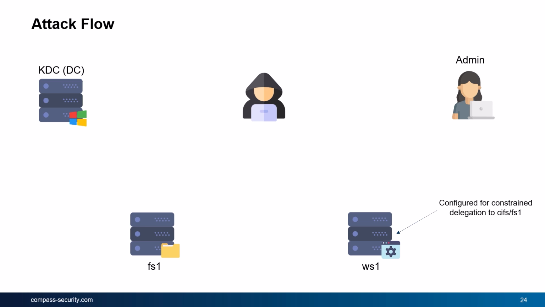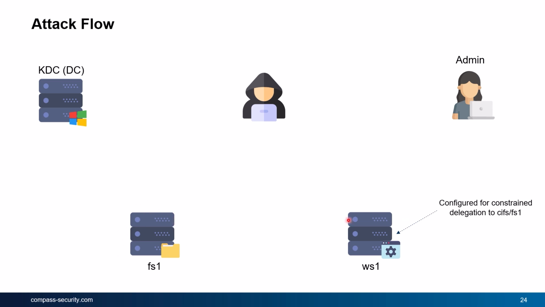Before we jump into the demo, let's quickly summarize the attack flow that we are going to see. To begin with, we have a certain specific scenario setup. We have, of course, the KDC, so our domain controller. We have a file share that can be accessed via delegation.